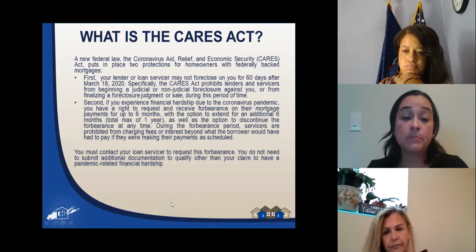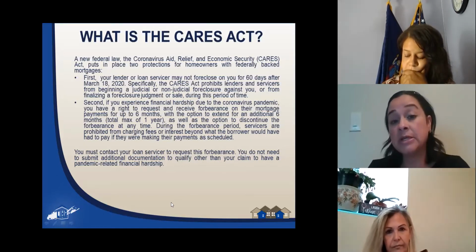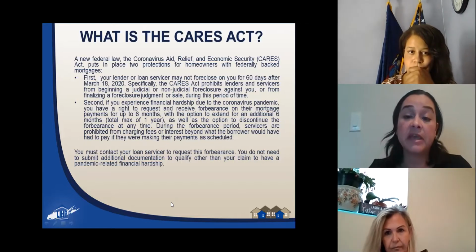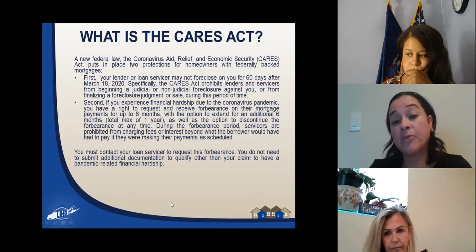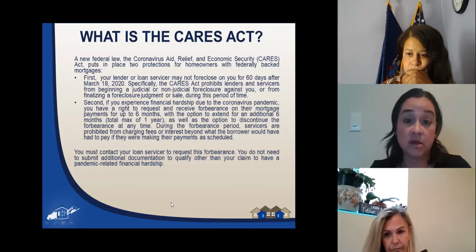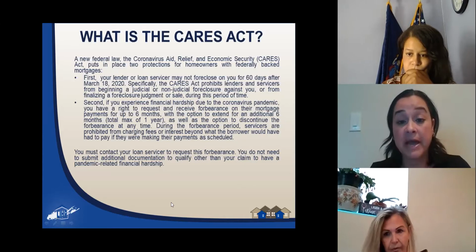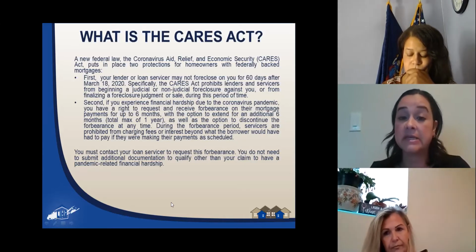It put in place two protections for homeowners with federally backed mortgages. And something important that we're going to repeat throughout this presentation is that the CARES Act was mostly protecting government-backed mortgages. Unfortunately, those that were not government-backed were hopefully following these things, but technically they didn't have to follow the CARES Act. So keep that in mind.